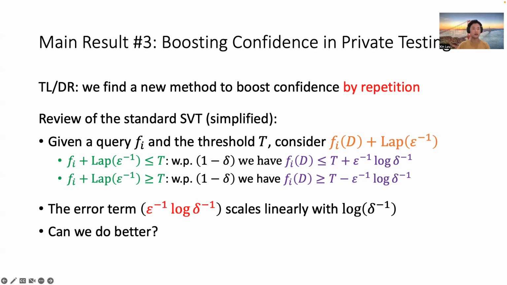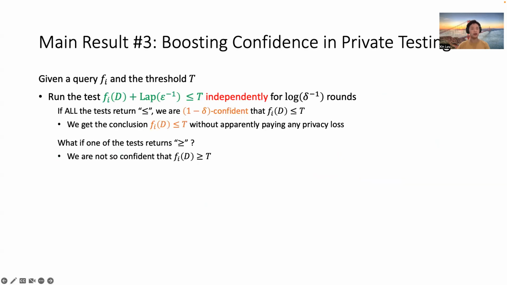And here we ask the question, can we do better? It turns out we can in a particular parameter regime. So let me state our algorithm. Given the query f_i and t, let's run the test f_i plus noise against t independently for log 1 over delta many rounds.